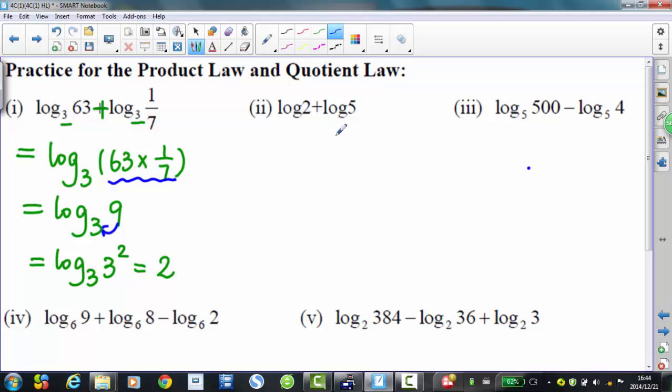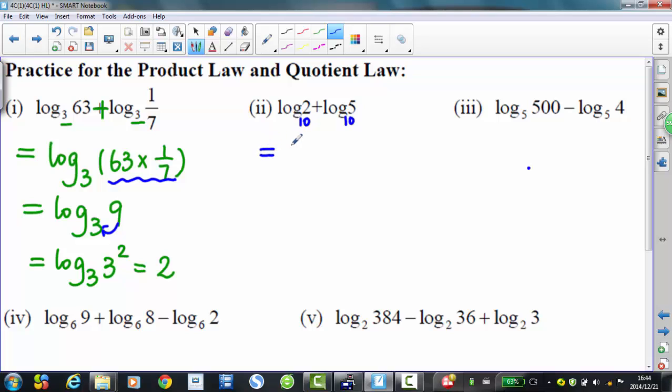Okay, the same idea for the second case. Log 2, you will see no base, which suggests the base is a common base 10. And this one is the same, a common base 10. So log base 10 of 2 plus log base 10 of 5. It's so tough for you to find this individual log value because there's no connection between 2 and 10.